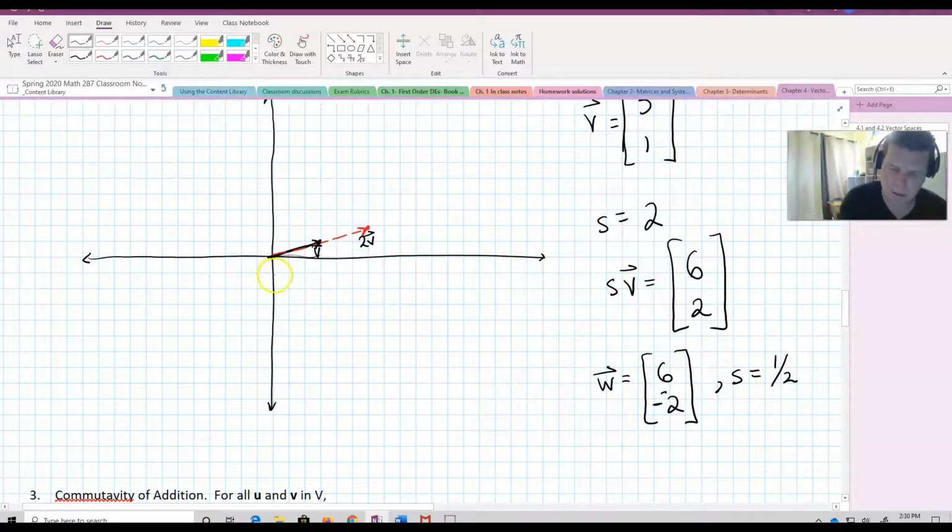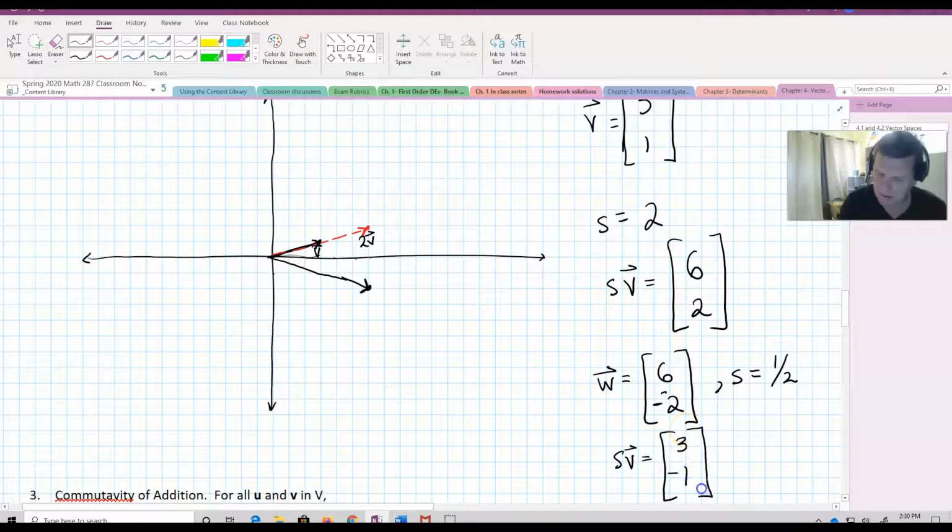So (6, -2): 1, 2, 3, 4, 5, 6, and then negative 2. So there's that. Okay, and sv is going to thus equal (3, -1). Okay, so there's that: 1, 2, 3, down 1. Okay, great. And so what we've done is we've effectively shrunk it in half by multiplying it by 1/2.